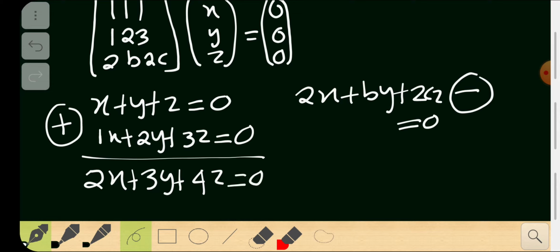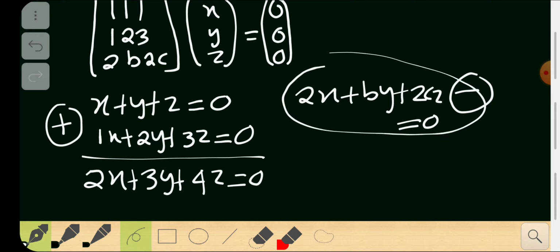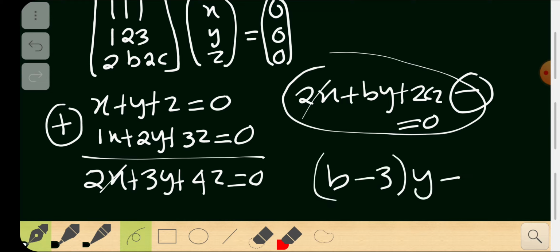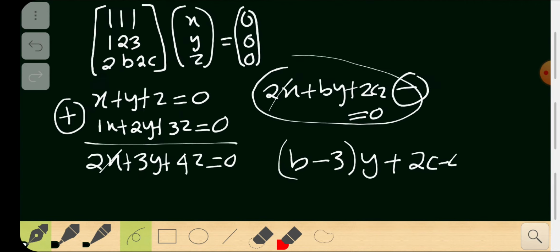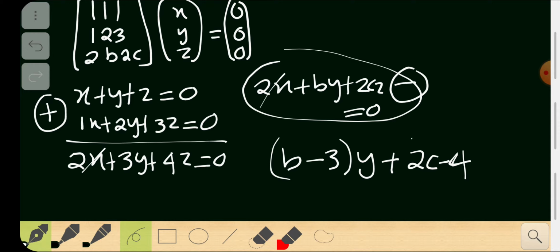Then you subtract that from this equation. 2x and 2x will cancel. You get b minus 3 y plus 2c minus 4 z is equal to 0.